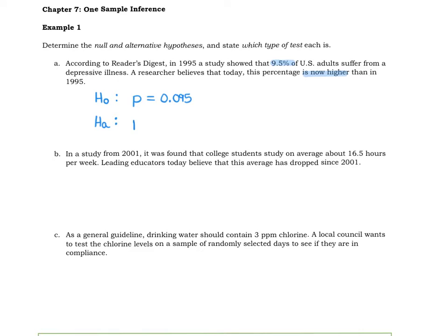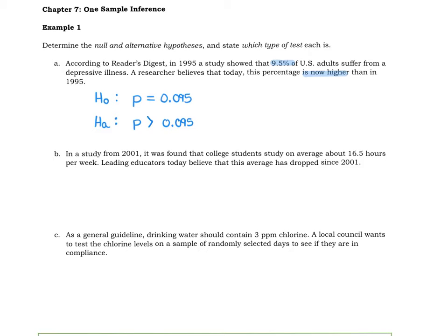So what does that mean for P in relation to 0.095, or 9.5%? The researcher believes that number is larger than 0.095, or higher than 9.5%. So that is the null and the alternative hypotheses. That's what they're trying to prove.